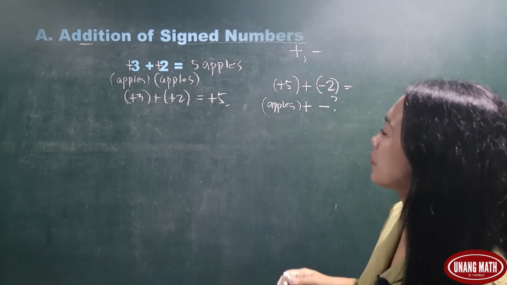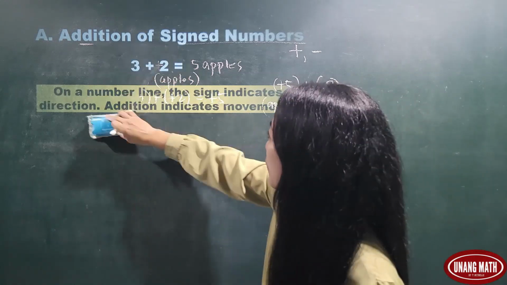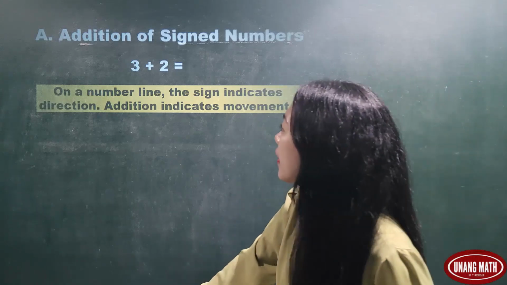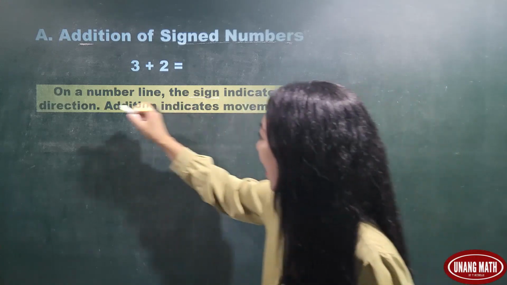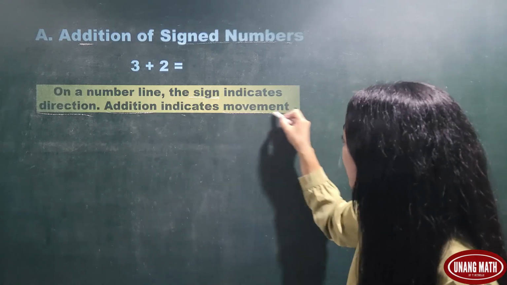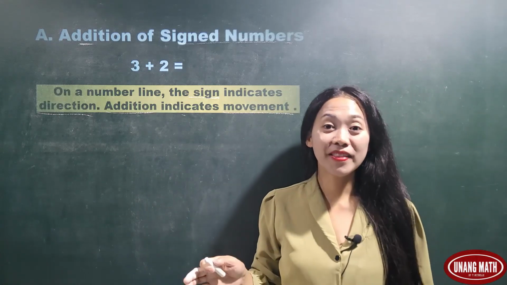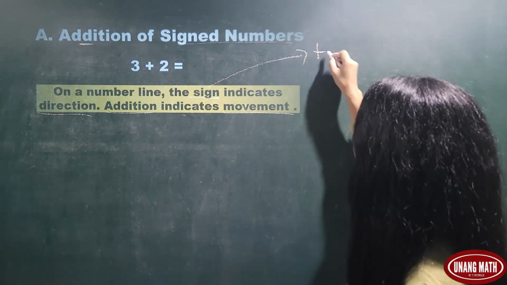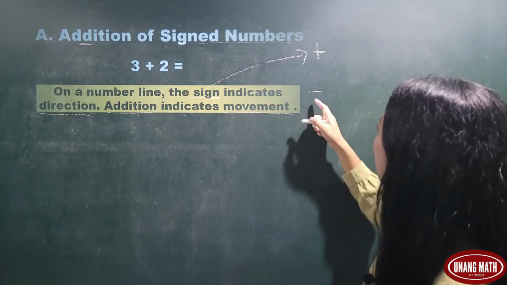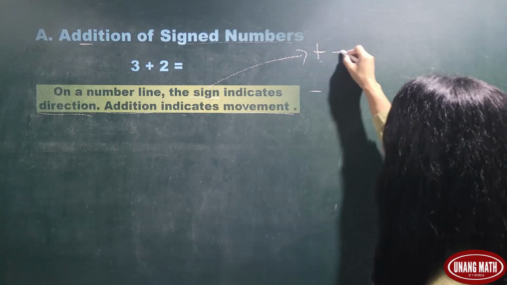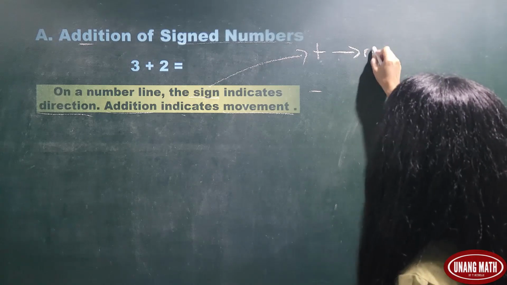Before we do that, you need to understand this. On a number line, the sign indicates direction. Addition indicates movement. What does it mean by this? Sign refers to positive and negative sign. If the sign is positive, we need to move to the right.